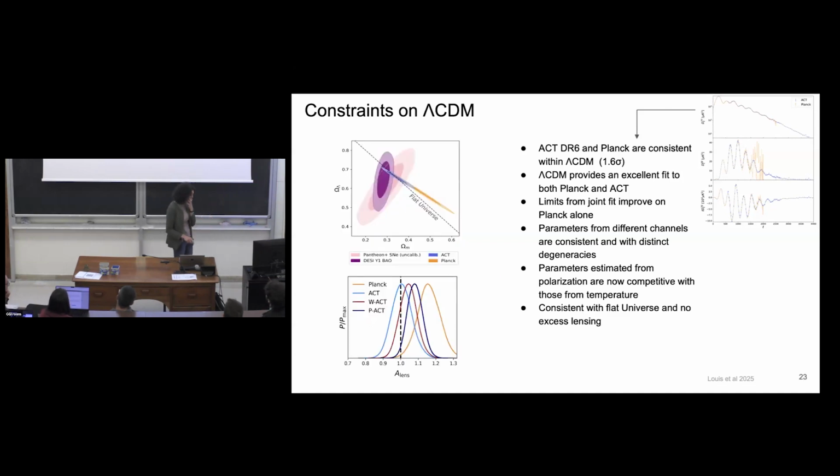And then we looked at parameters that can really stress test the assumptions of lambda CDM. I don't need to give too much introduction about this for this audience, but you know that there have been some analyses of Planck data showing excess lensing or evidence for curvature, and we don't see any of that in the ACT data and in the P-ACT combination that comes out of it.